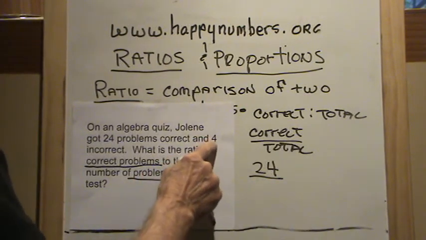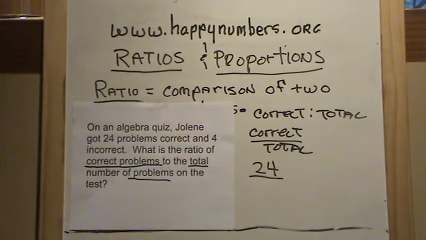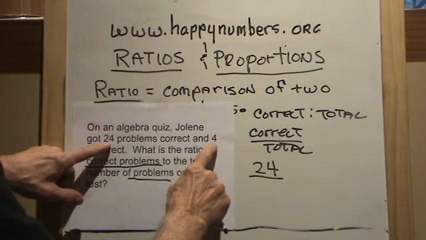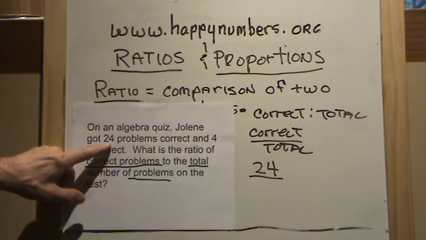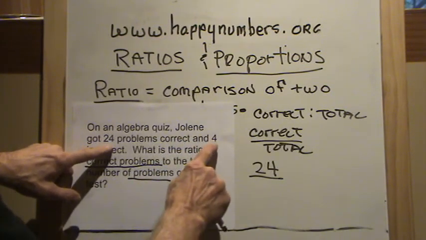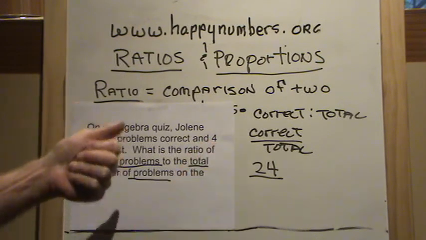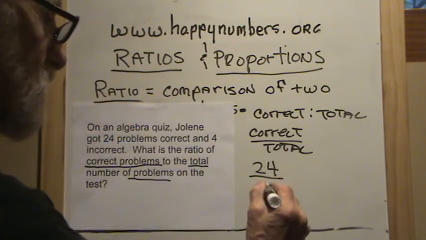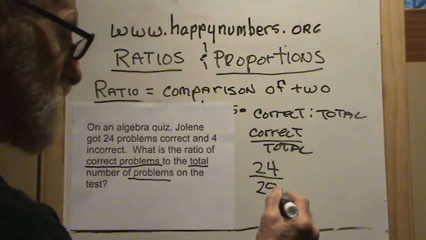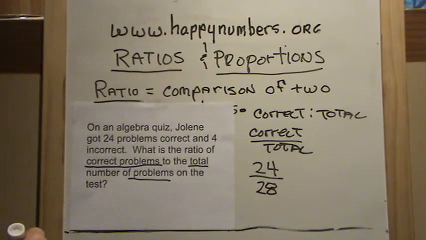And she got 4 incorrect. So the total number of problems will be 24 plus the 4 incorrect, 25, 26, 27, 28. So 24 is to 28.